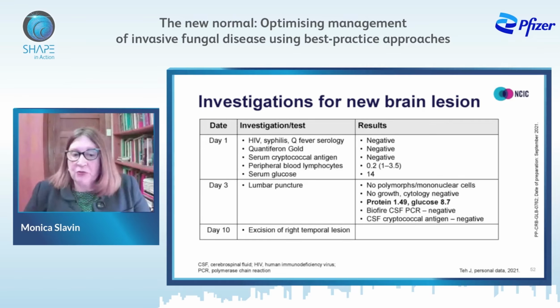The serologies were rather unremarkable, and the lumbar puncture really just showed an elevated protein and glucose, but bearing in mind that the patient had a high serum glucose at that time point, so it was not particularly abnormal. Because the serology was unhelpful, it was decided to proceed to the excision of this temporal lesion.